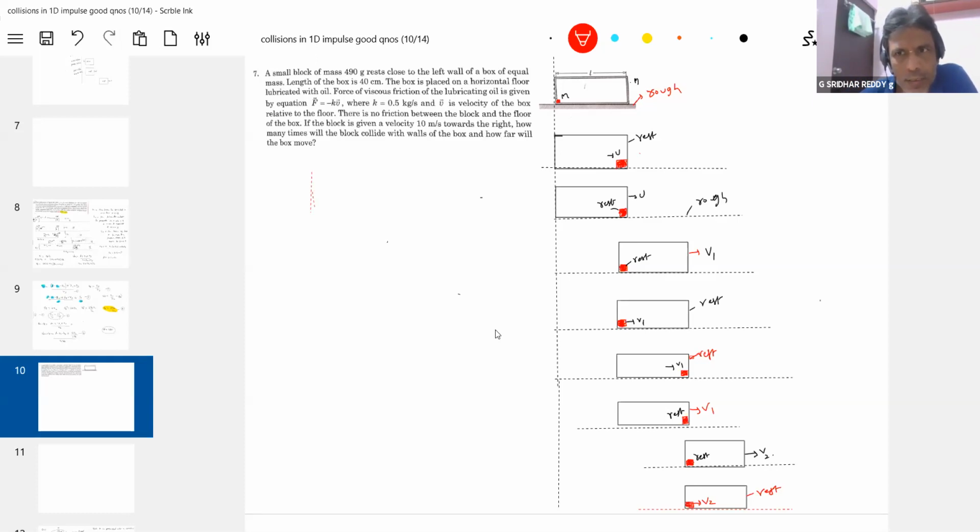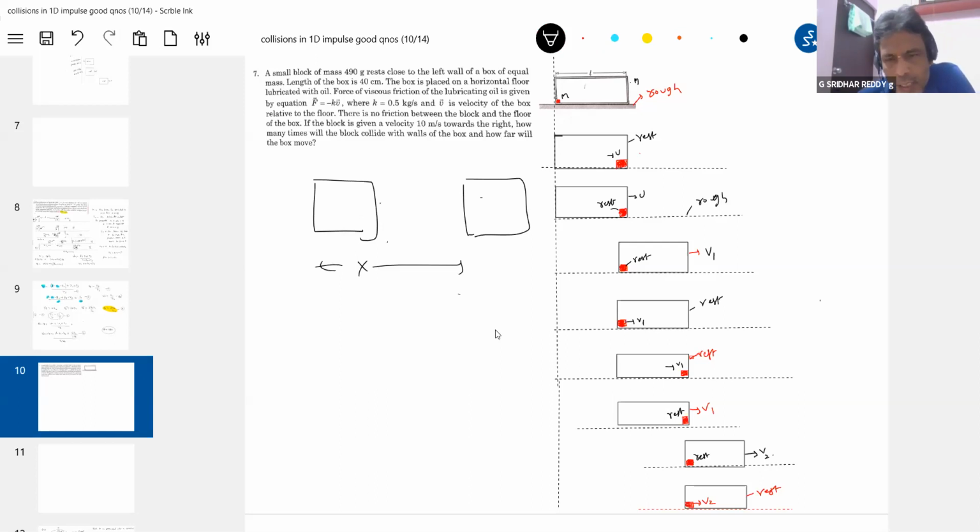Suppose this is a box, and finally it will move some distance, say x here. So I'll start from here. It is having a velocity u. Let's not bother about that one. And finally it has come to rest.